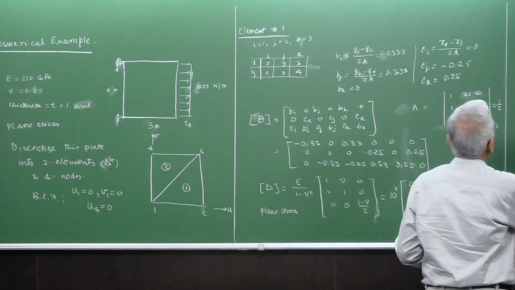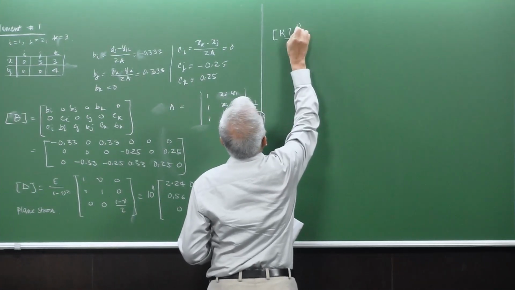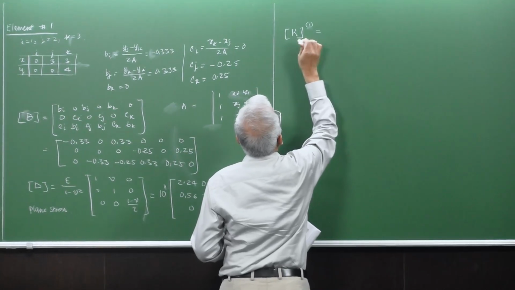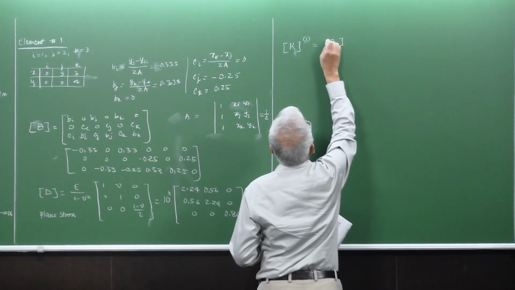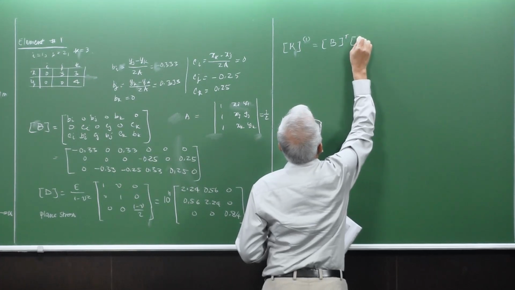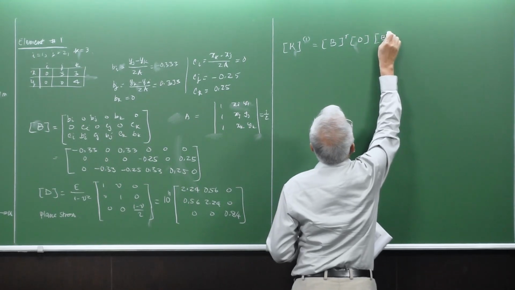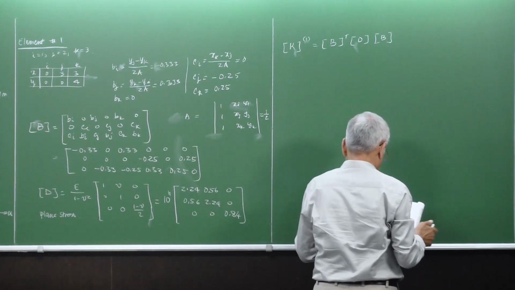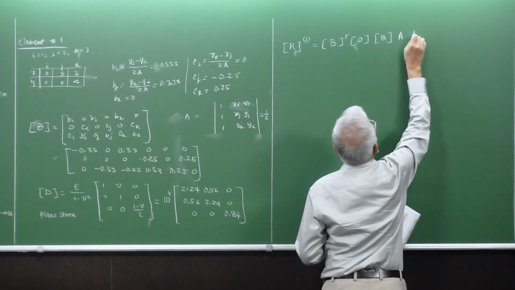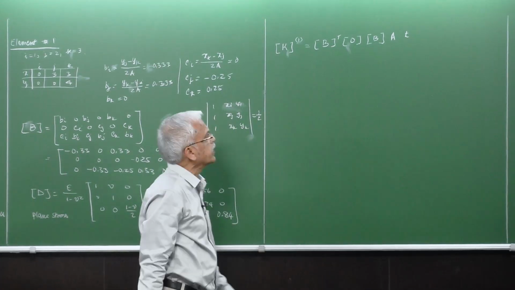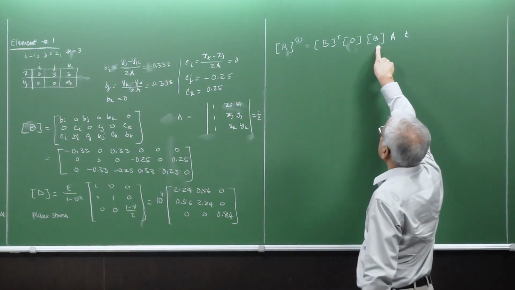And now we know the K of element 1 is given by B transpose D B times A times T. So this is the general formula where B is the matrix that is given there and D is the material relationship, and again B here.